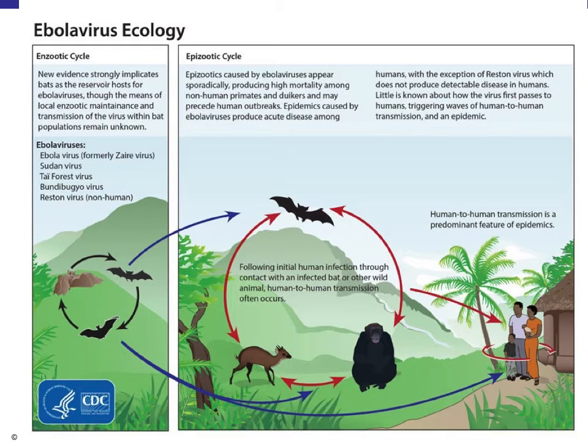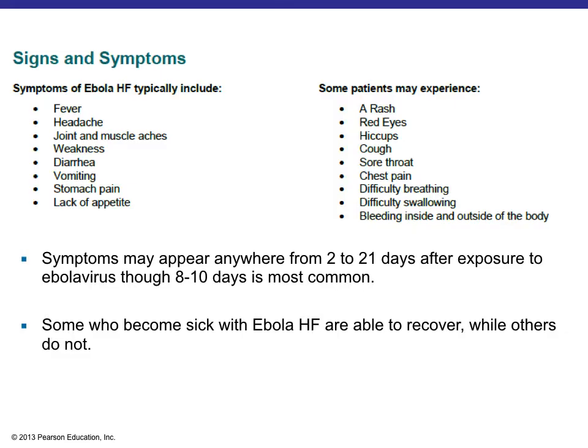And that would be the mechanism where the first human contracts the disease, and then once in humans, it can be transmitted between humans in the mechanisms already mentioned. So contact with bodily fluids, direct contact, and contact with medical equipment, and so on.